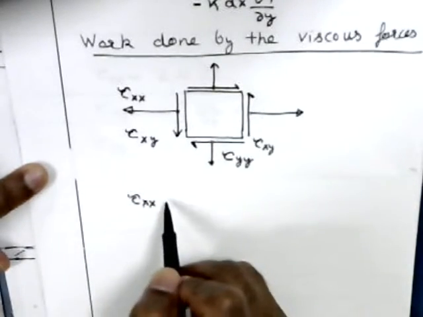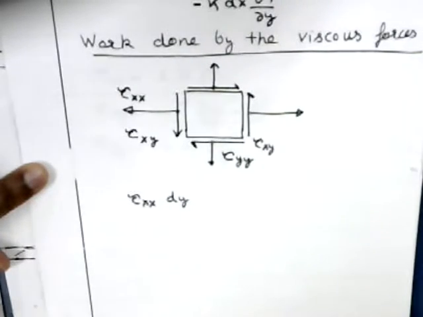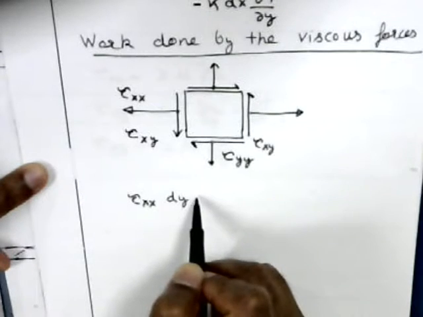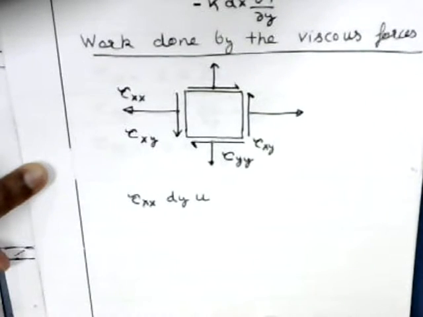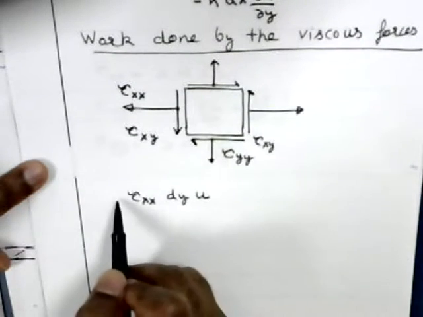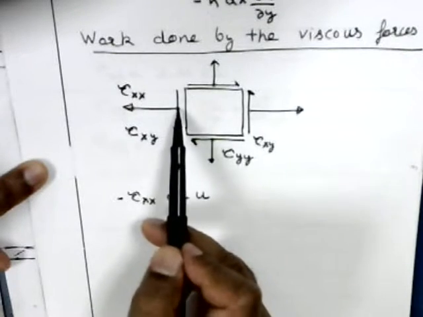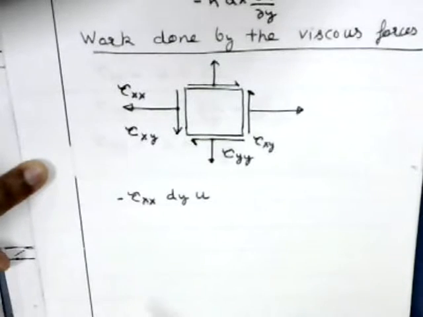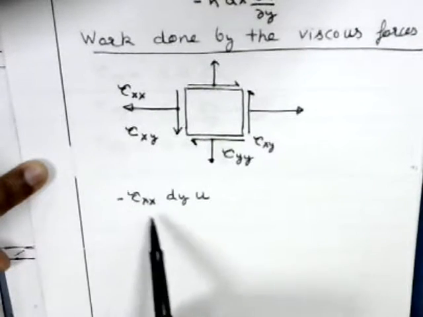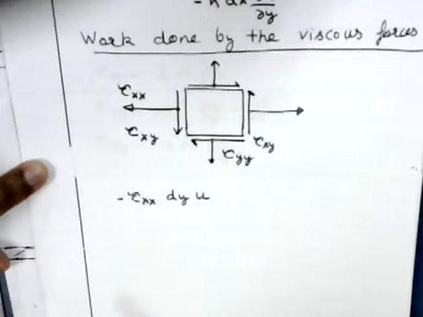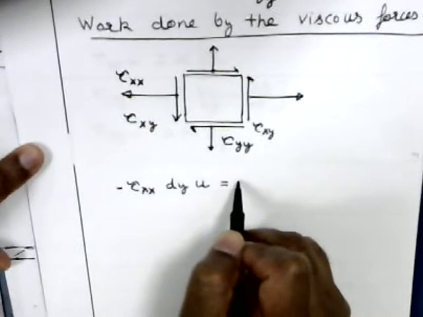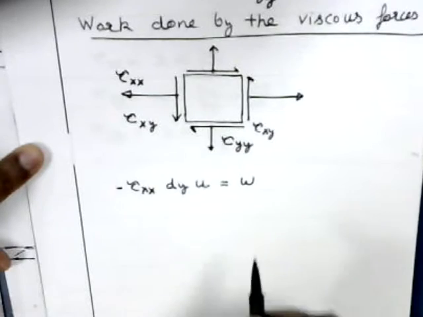We are taking unity length in the vertical direction because this is a force. Multiply this with velocity, which is u. But they are in the opposite direction, so a negative sign. The force is acting in this direction, and the velocity at this point is in this direction. So this is the work done by this force. Let me call this, just using shorthand, the rate of work done, W1.